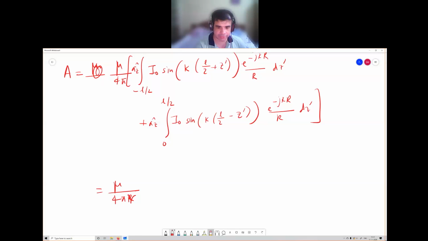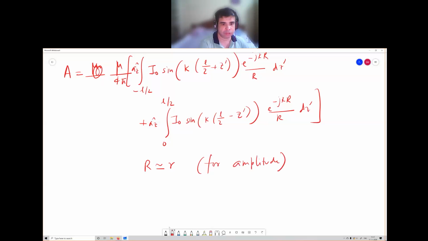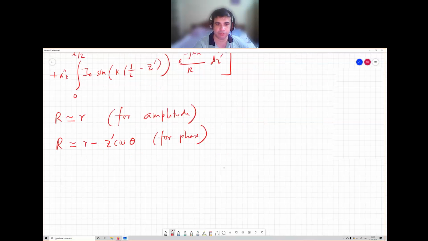We now take the assumption for amplitude, r. What is theta? Let us see on this figure.